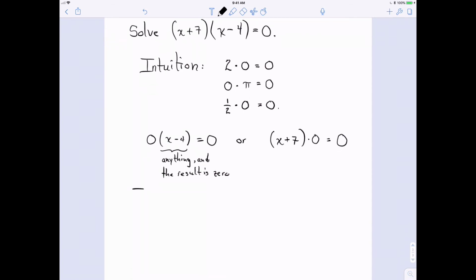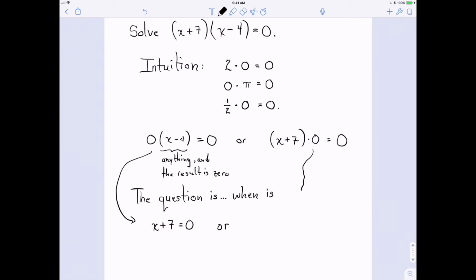So then, that's the question. Remember that 0 came from the x plus 7, so when is x plus 7 0? Or this 0, this is when x minus 4 was 0. So we can solve this.